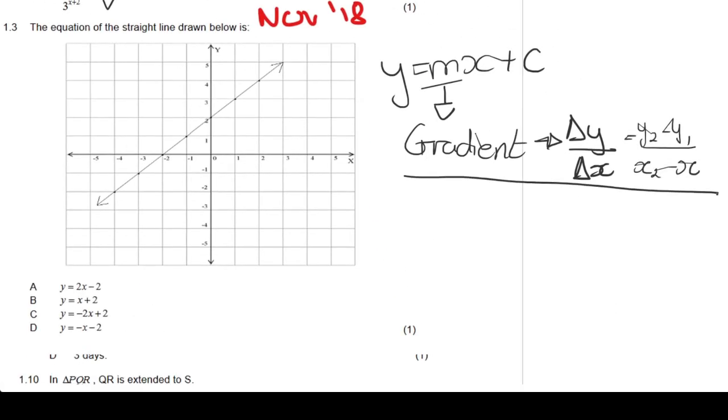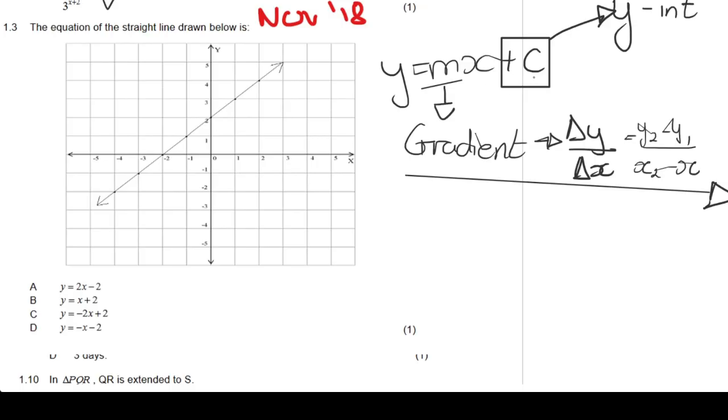So that's the gradient, which is m. C is what determines the vertical shift of the graph, or I don't know if you guys know about the vertical shift, but this is also just the y-intercept, right? We can first look at the y-intercept.